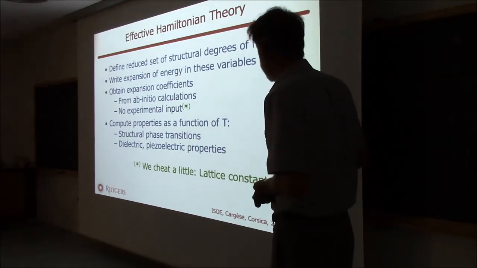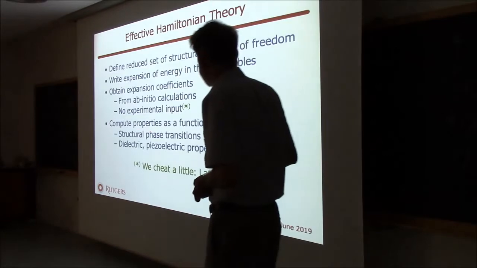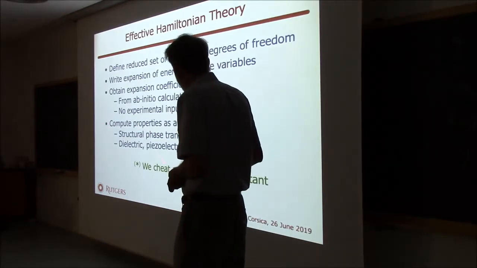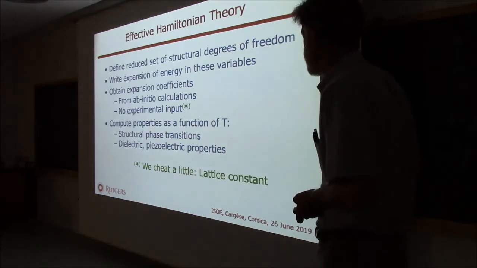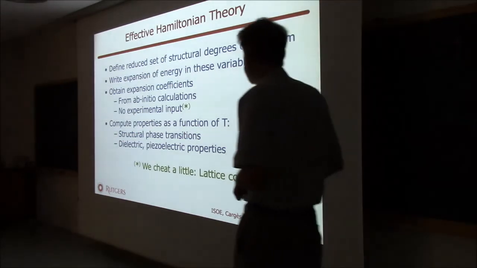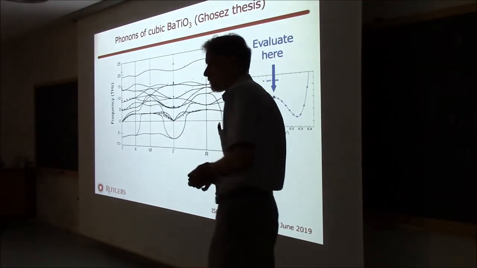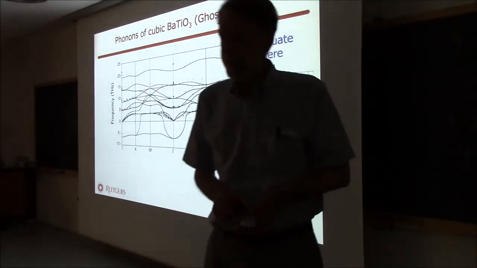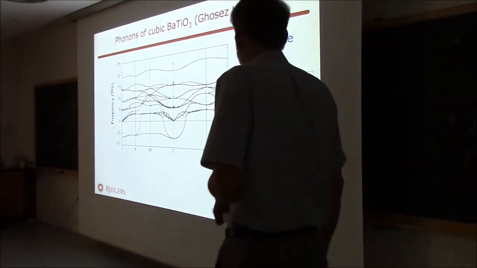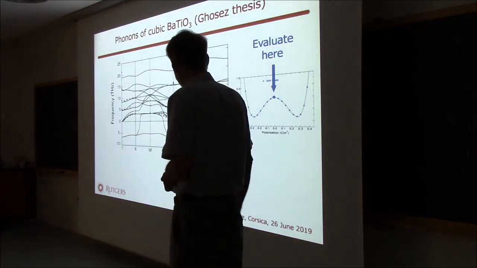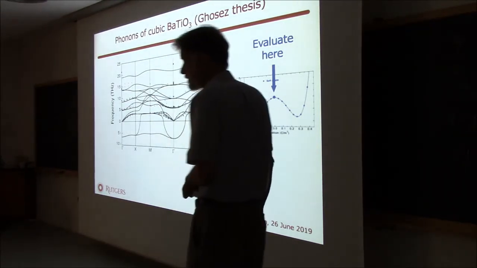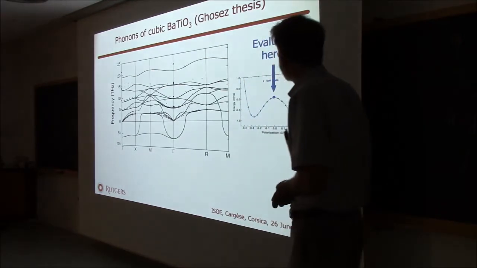We sometimes cheat a little bit and use the experimentally known lattice constant. And then from that model, we can calculate finite temperature properties like the sequence of structural phase transitions, dielectric and piezoelectric properties. People are now using this for the electrocaloric type of effect. So what are the low energy structural degrees of freedom in barium titanate?